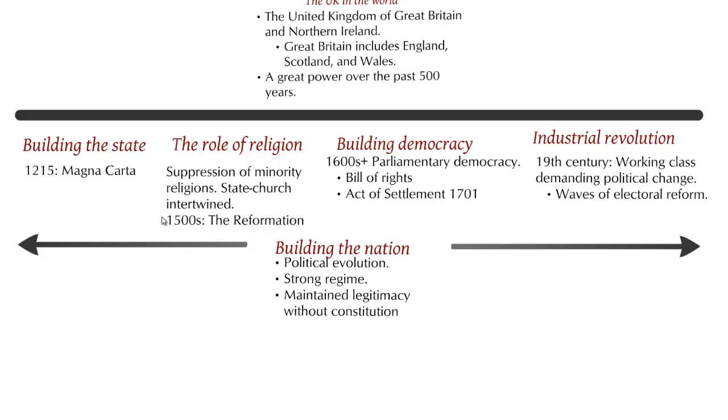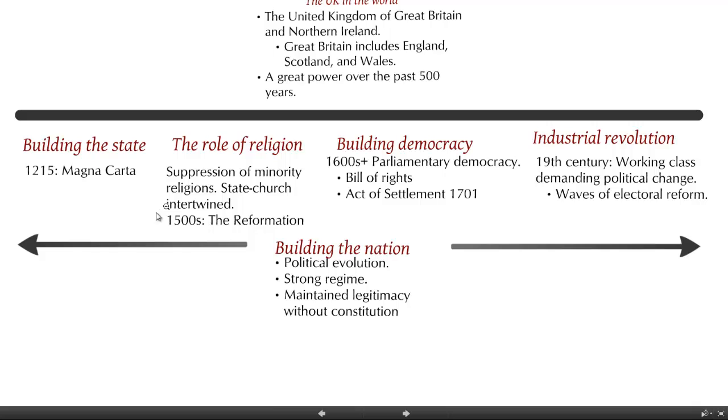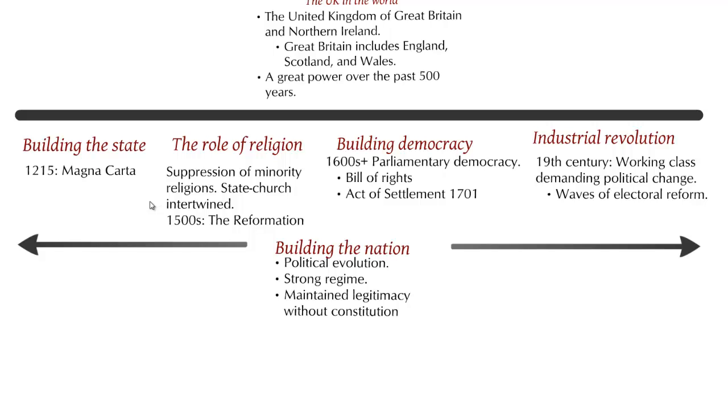And even today, now of course there is religious freedom in the United Kingdom just the same as in any other entrenched democracy. But even today you'll find vestiges of this old relationship in terms of the role of the Anglican Church in society, but also in terms of the Anglican Church actually having some seats in the House of Lords.